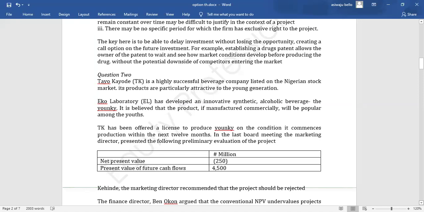You can delay the project for 1 year. In the last board meeting, the marketing director presented the following preliminary evaluation of the project. When the project was evaluated, look at it, the net present value is negative. Present value of future cash flow, 4.5.